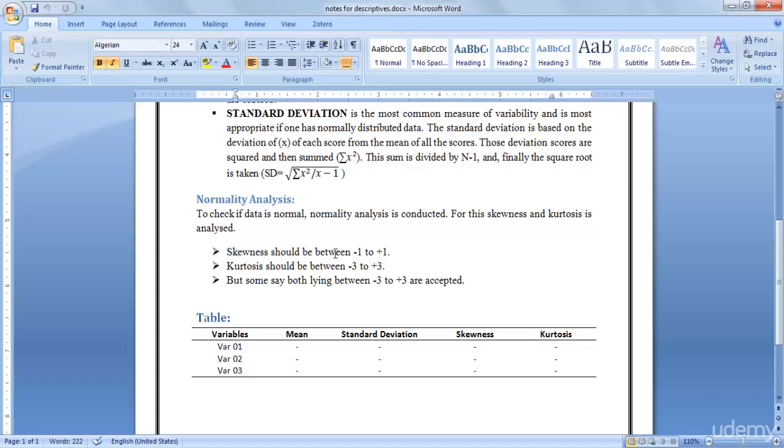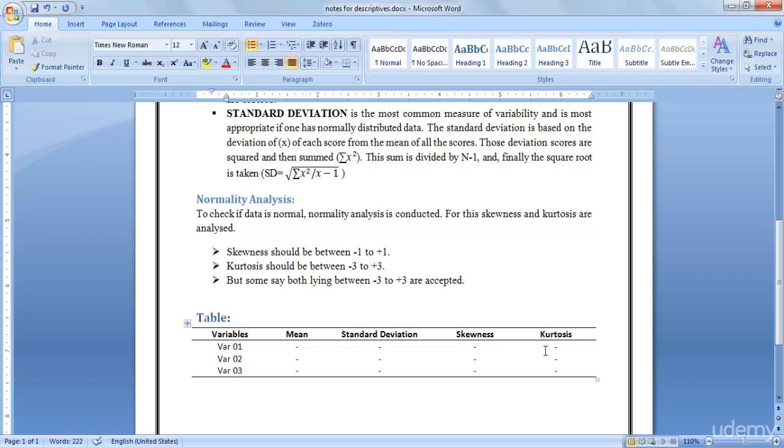The range for skewness should be between -1 and +1, and for kurtosis -3 to +3. We are going to analyze both skewness and kurtosis. And then there are some who say that both can be accepted if lying between -3 and +3.